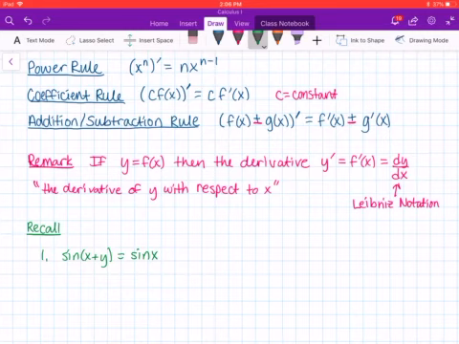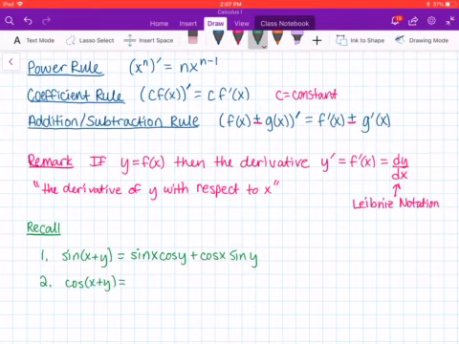We get that it equals sine x times cosine y plus cosine x sine y. And then there's a similar one for cosine. So cosine of x plus y is cosine x cosine y minus sine x sine y.